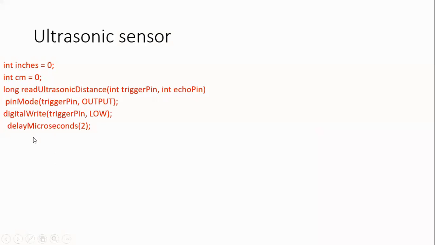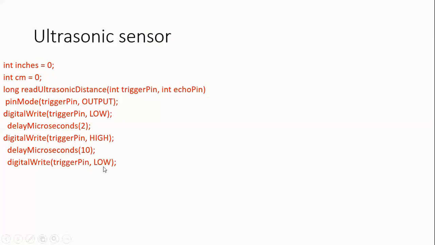Then we write a high signal onto the trigger pin. So a low to high pulse is developed here. Then we wait for 10 microseconds. After 10 microseconds, we make the trigger pin low. That means we're going to send a signal here.